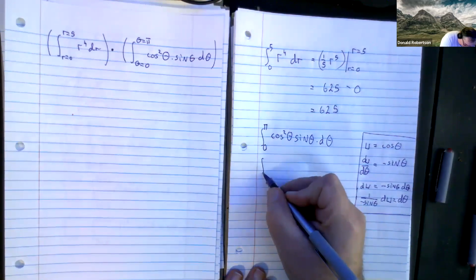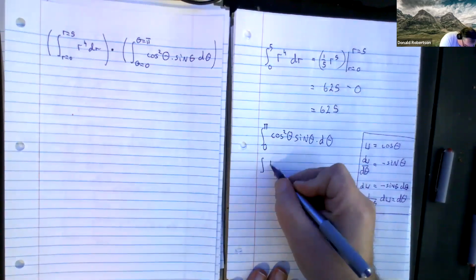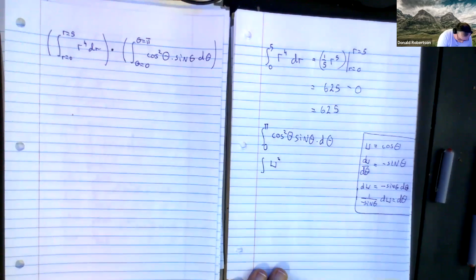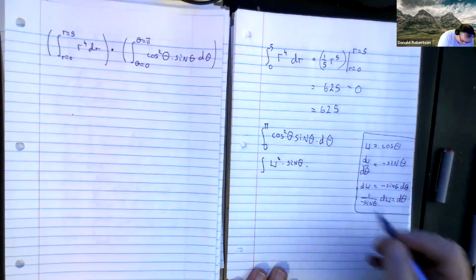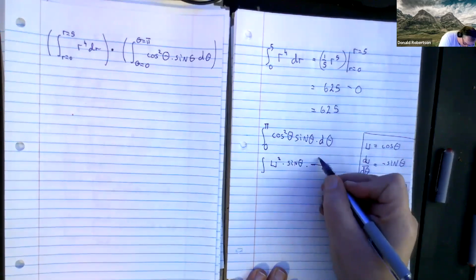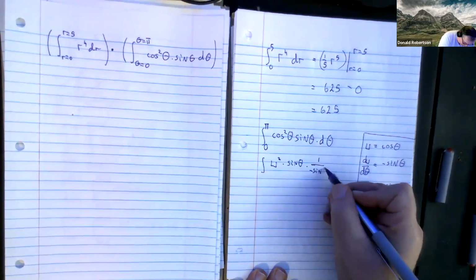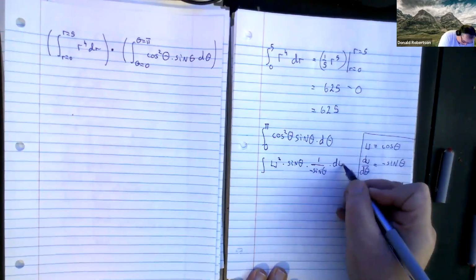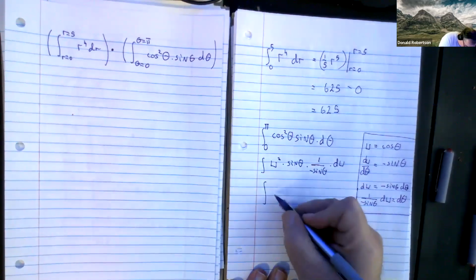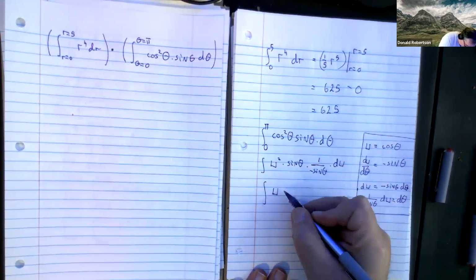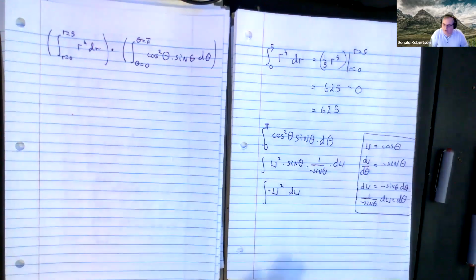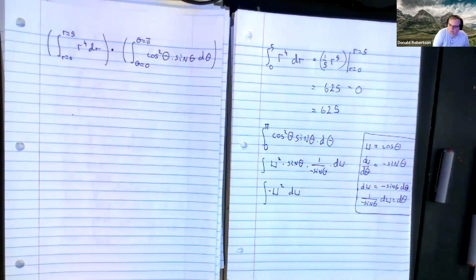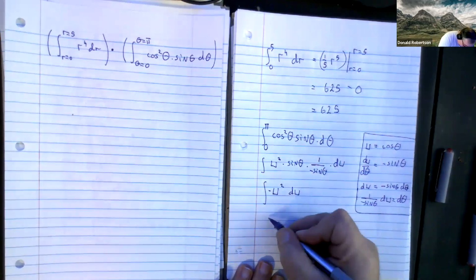So we have the integral of cos squared, which is u squared, times a sine theta, and replace the sine theta by 1 over negative sine theta du. Well, actually, that's all you get. It's actually a very nice answer, isn't it? Just negative u squared. Right, the signs cancel. Oh, negative floating around. Power rule.